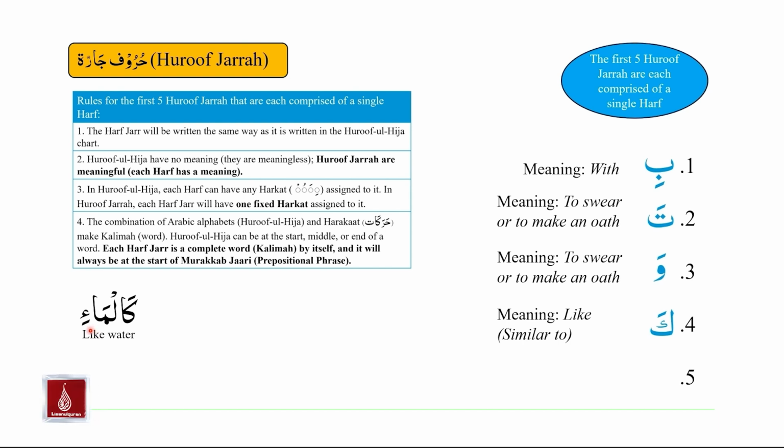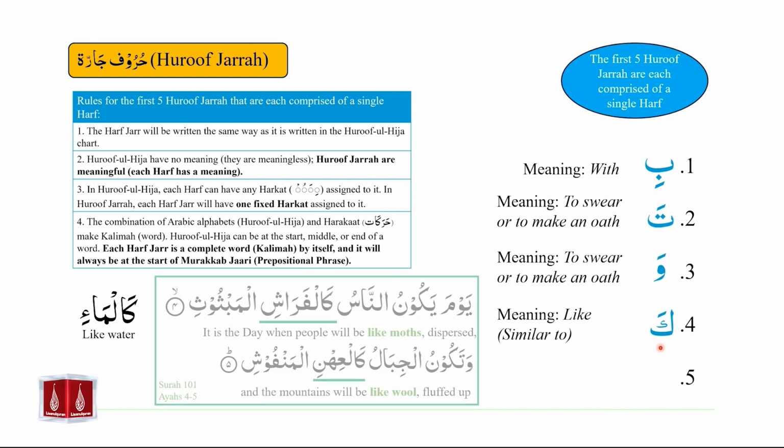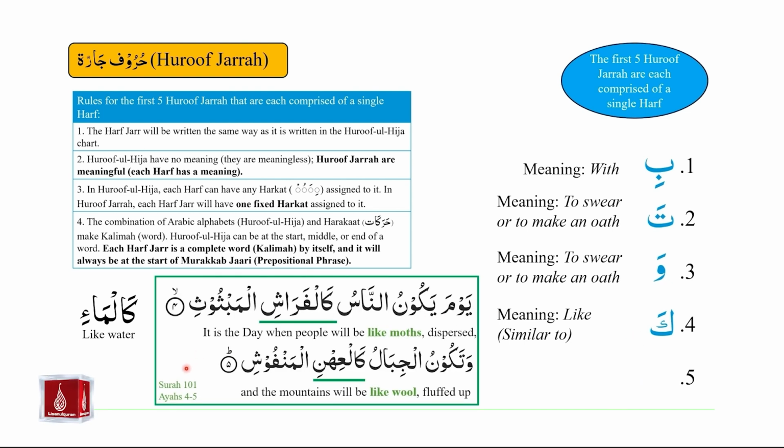There are some examples of use of kaf harf-e-jar from the Holy Quran as well. In Surah number 101, ayah 4 and 5, we see the use of kal farashi, which can be translated to like moths.